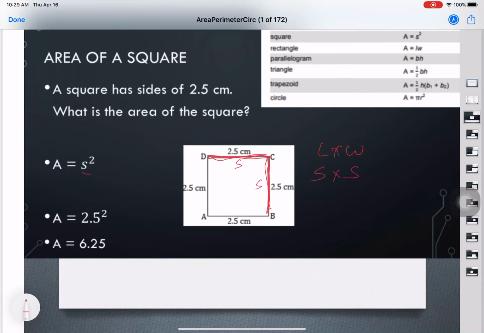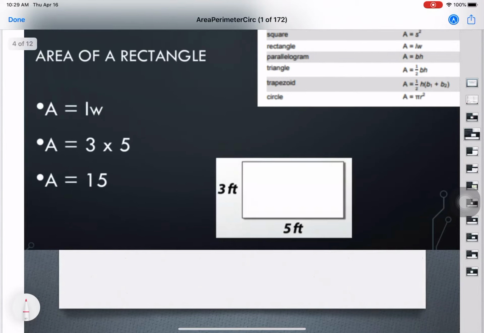So it's really side times side, which is the same as length times width. So it's side squared. So if the side is 2.5, then it's just 2.5 squared, which is what your answer is right there.